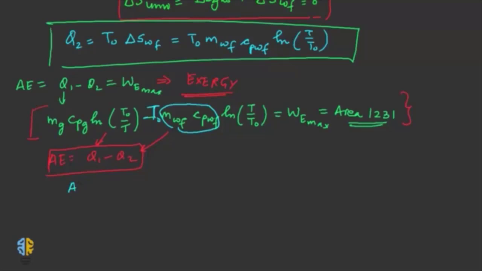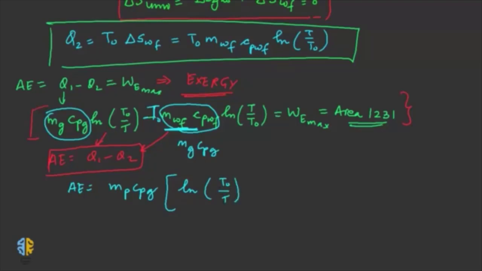So for available energy, you can take out mg into CPG common, because you can replace this by mg into CPG, and you will have log of T naught by T minus T naught of log T by T naught. So this would be the value of available energy.